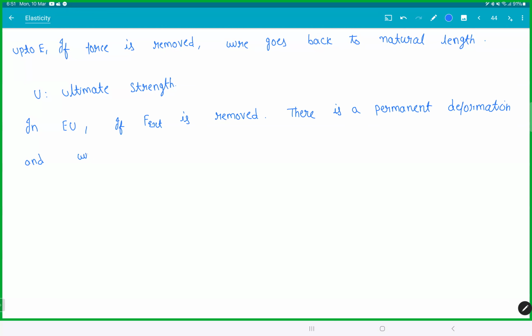When force is removed, the wire doesn't go back to the normal length. The wire is permanently stretched. So we have OO dash as the permanent deformation.